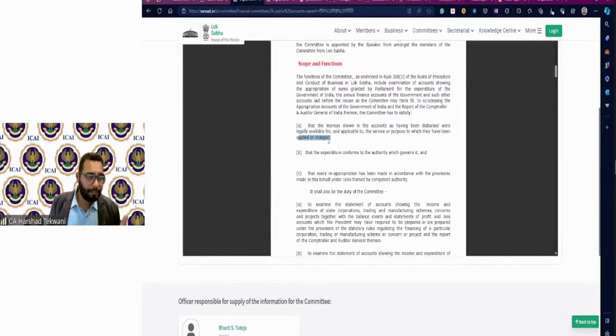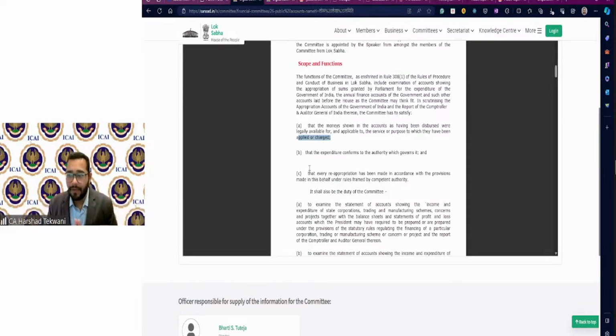For example, there was money with respect to some projects, whether that was dispersed legally for that particular project only, and whether it was applied to that particular project only, let's say a power plant. So government allocated some funds, whether those funds were utilized for that power plant only, whether they were legally applied to that particular project.